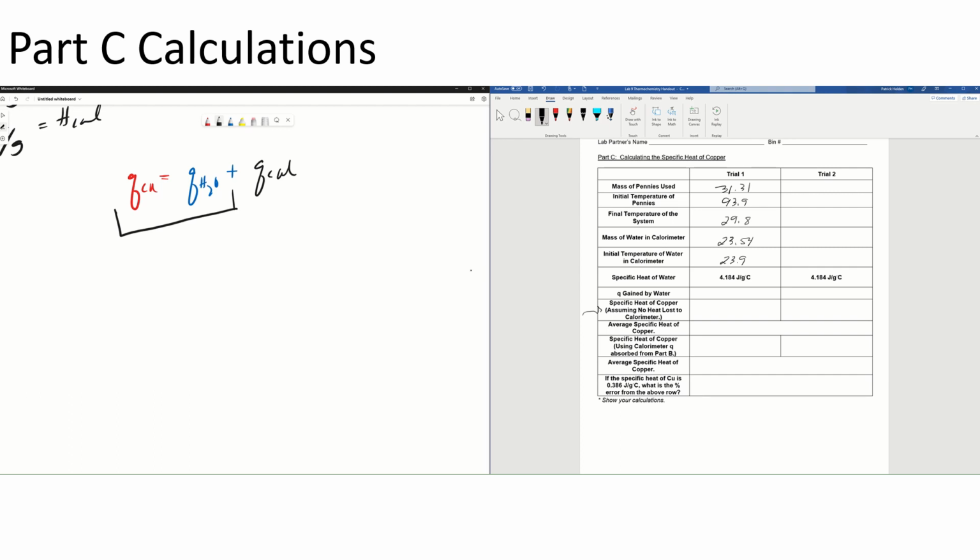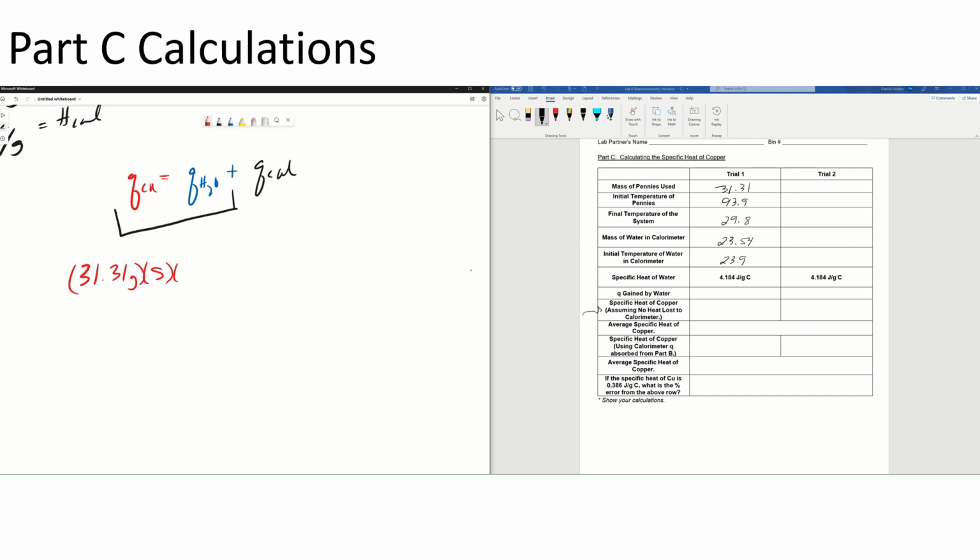So we have here the mass of our pennies, which was 31.31 grams. And we do not know the specific heat of the copper. That's what we're looking for. And then we have the change in temperature.